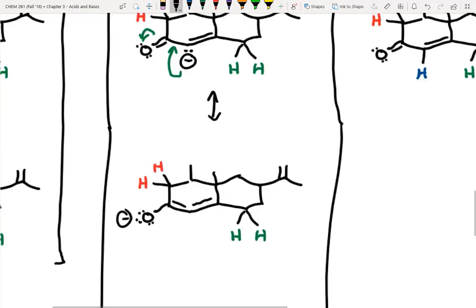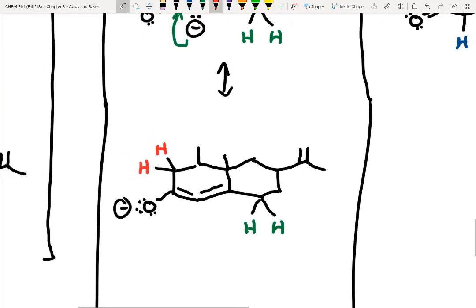Give you a hint. Let's zoom in on this a bit more. Think about this carbon right there. What's the hybridization of this carbon? sp. What's the preferred bond angle for an sp hybridized carbon? 180. We're forcing it into about 120. That's not a happy looking bond angle.